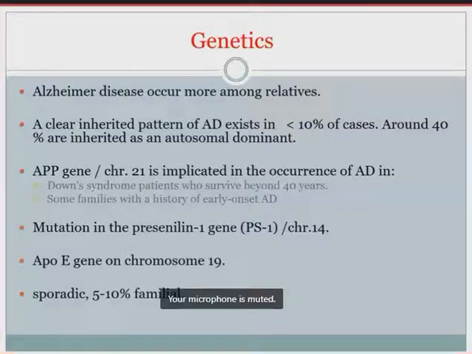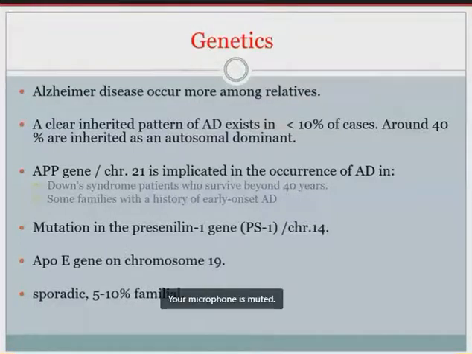Alzheimer's disease can also occur with a mutation in the presenilin 1 gene, located on chromosome 14. Another factor is the apolipoprotein E isoform, which also promotes beta amyloid generation.